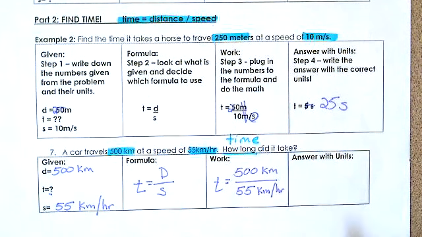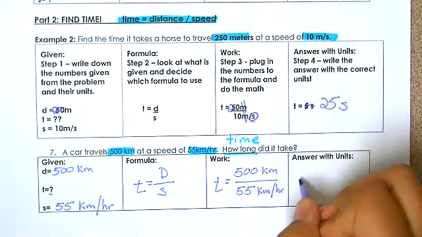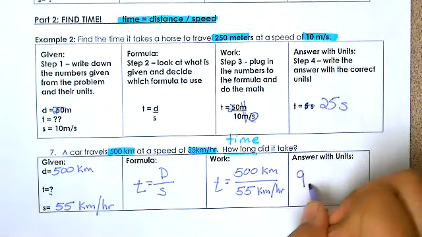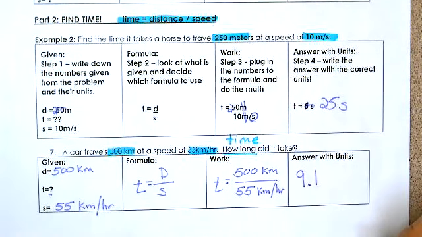Next, plug it in your calculator. Remember, whatever's on top goes in your calculator first. So 500 divided by 55 gives you 9.09. So we can round that to 9.1 or just 9.